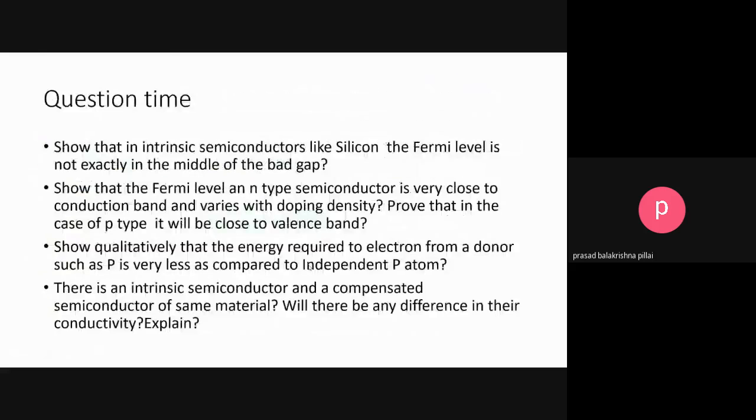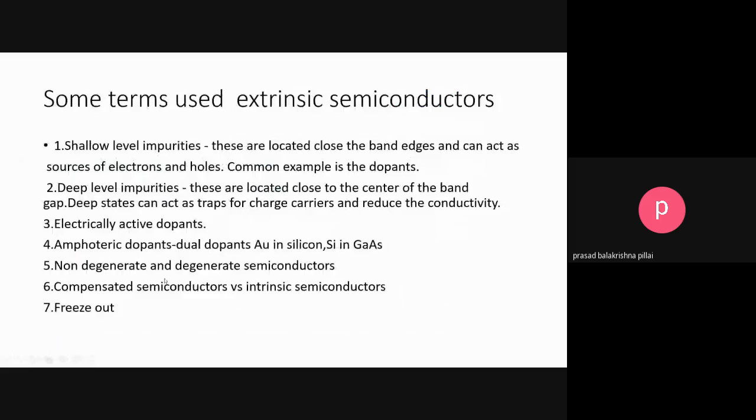But one of the most commonly shown examples of an amphoteric dopant is silicon as a dopant in gallium arsenide. Don't misunderstand, silicon is used as a dopant here. Gallium arsenide, the semiconductor, is the host. If in gallium arsenide the gallium is replaced by silicon, then it will act as N-type.